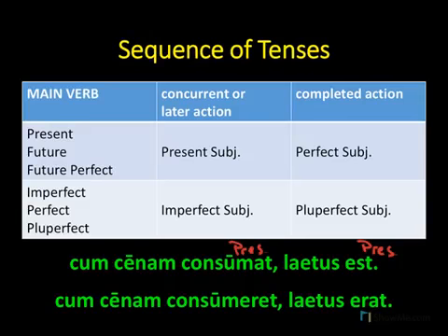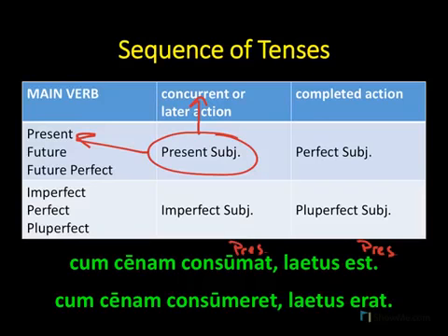And so this puts us into this box of the chart right here, because we are working with a present tense main verb and a present tense subjunctive verb. And so this means that we're talking about a concurrent action. When he eats dinner, he is happy. So his eating of the dinner is concurrent or simultaneous or happening at the same time as he is happy.